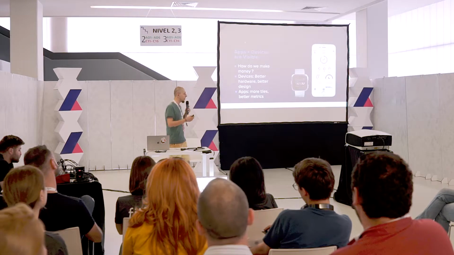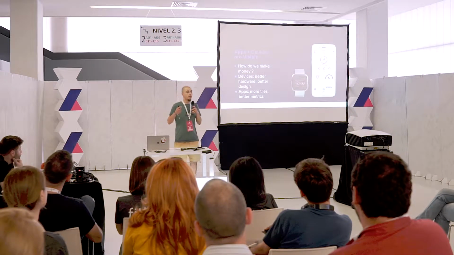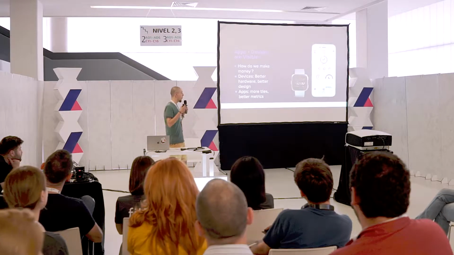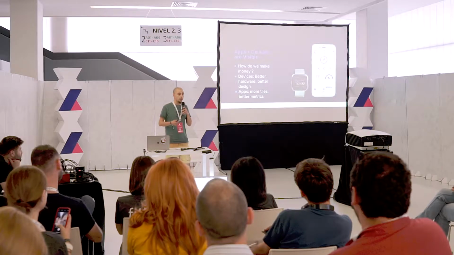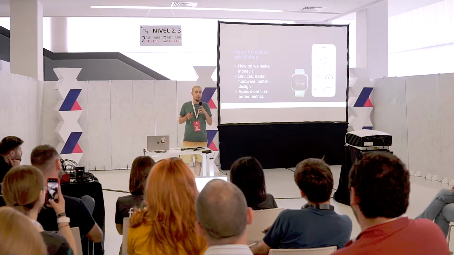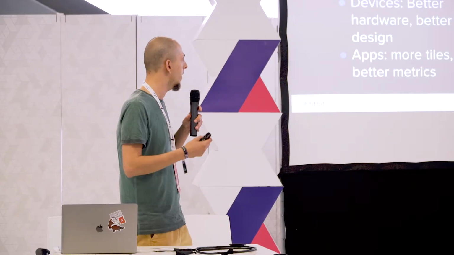The device has a bunch of sensors on it, heart tracker, sleep tracker, all kinds of things to make you more healthy. We've got the application where we build out new tiles so we can give you more metrics to let you know a lot about your health and your well-being, and basically how fit you are.